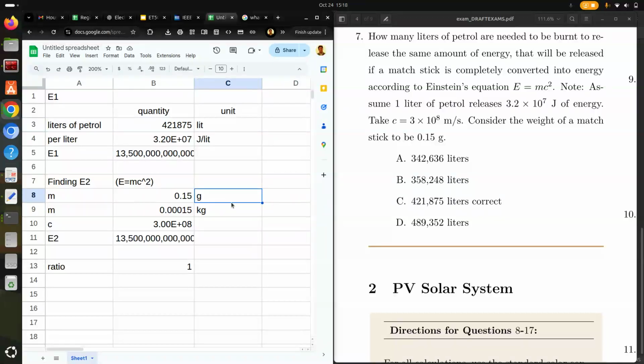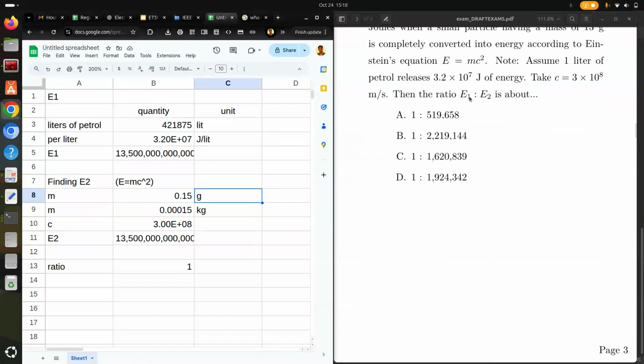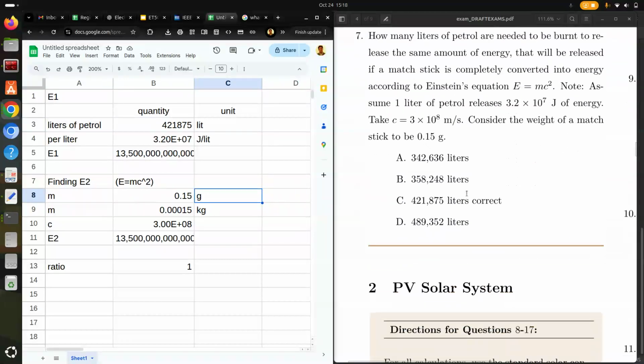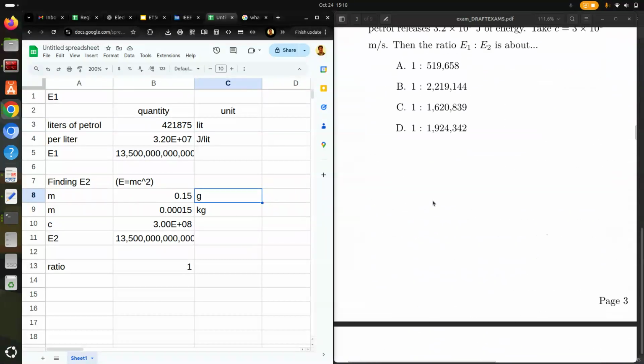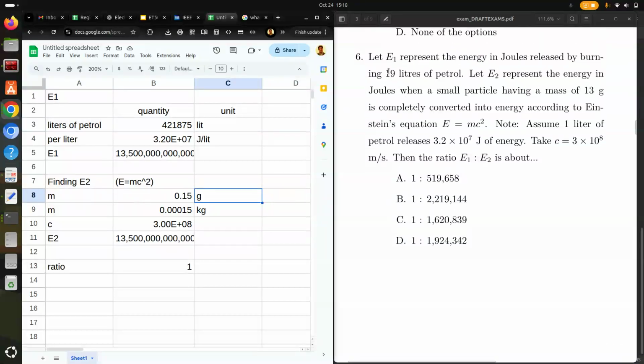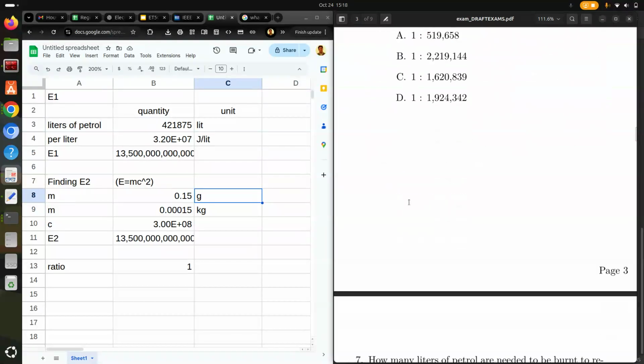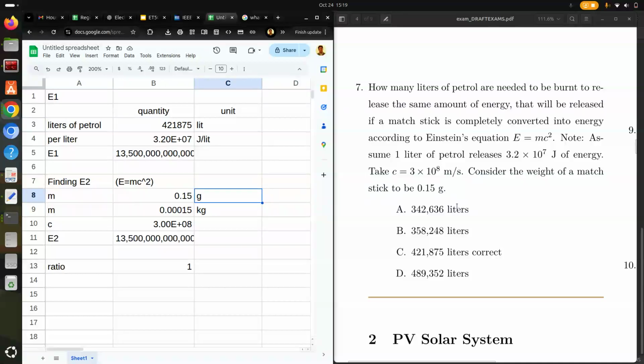The ratio was also similar. Before, the petrol was 19 liters and the ratio was big. Now the ratio became 1:1. In fact, that was my original idea.